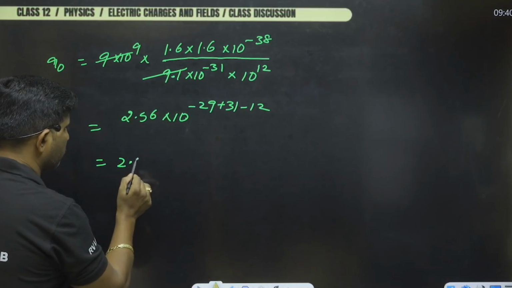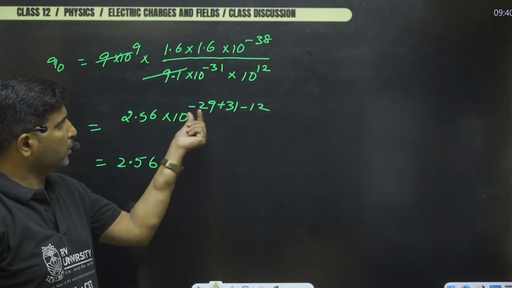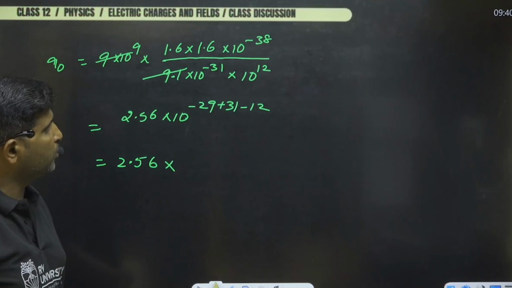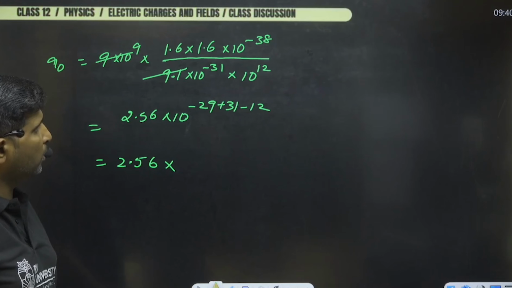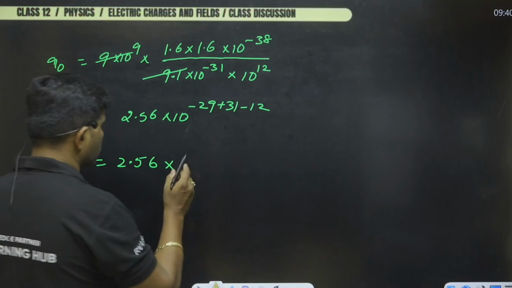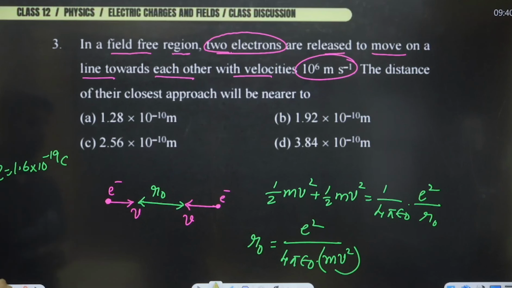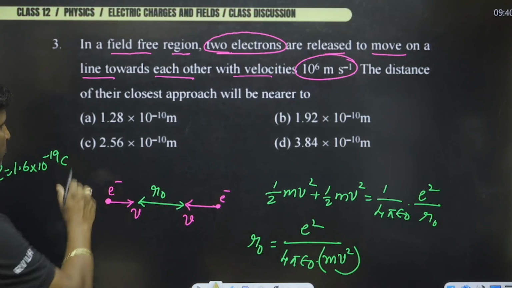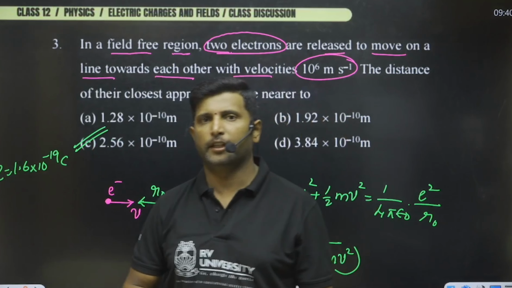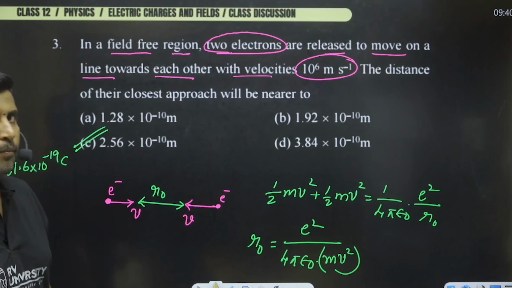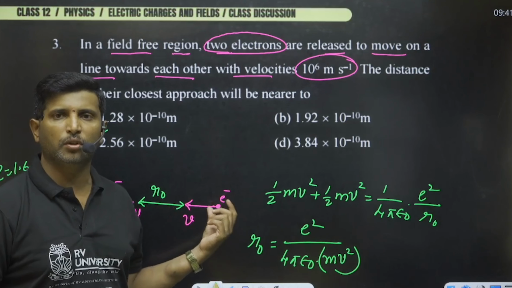So if you simplify this, it becomes minus 10. So 2.56 into 10 to the power of minus 10, in that sense we can select option C as the right answer. I hope you understood the definition of distance of closest approach.